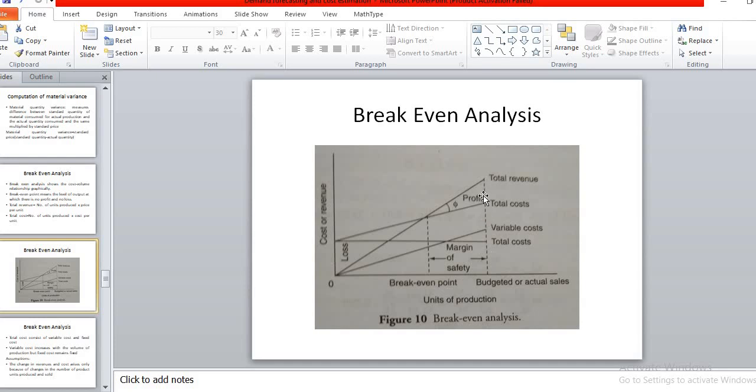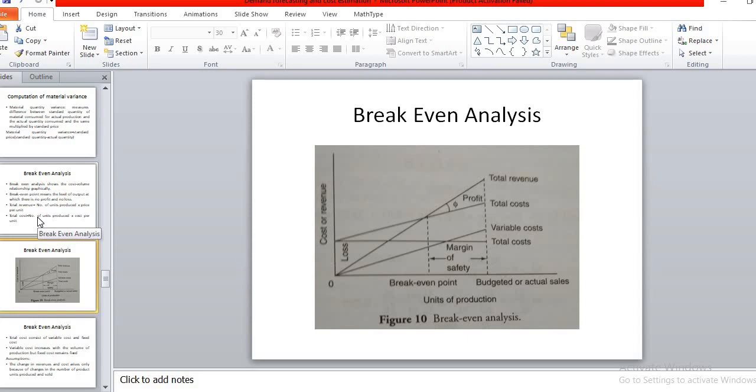The difference between the actual sale and the break-even point is the margin of safety. So this is the break-even analysis, at which there is no profit and no loss.